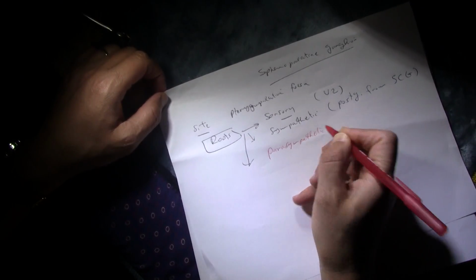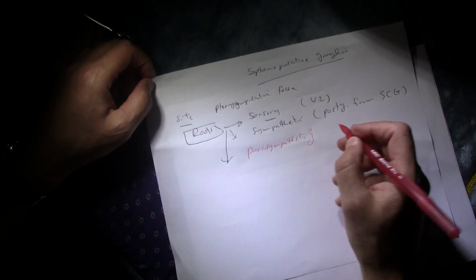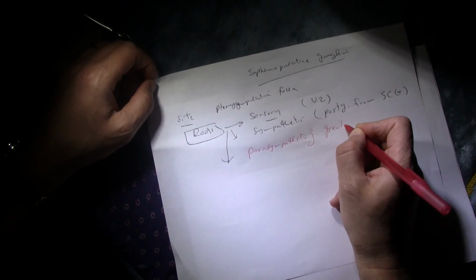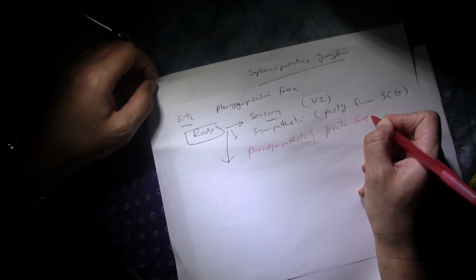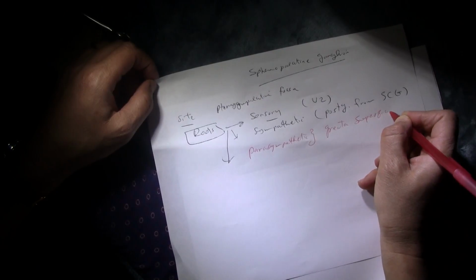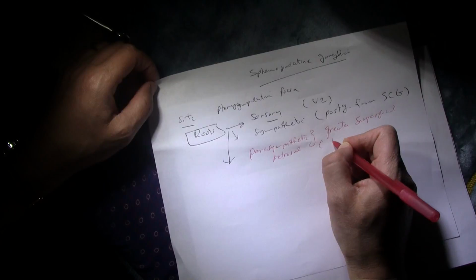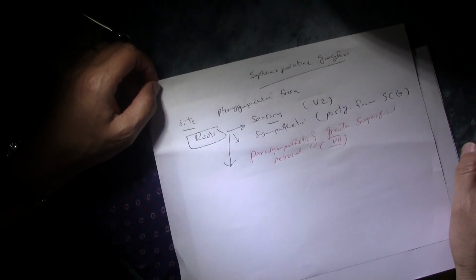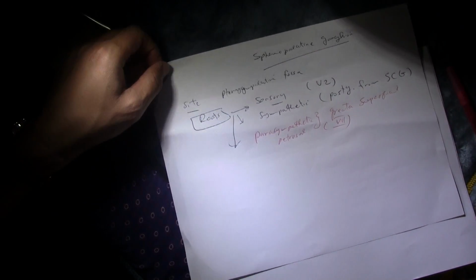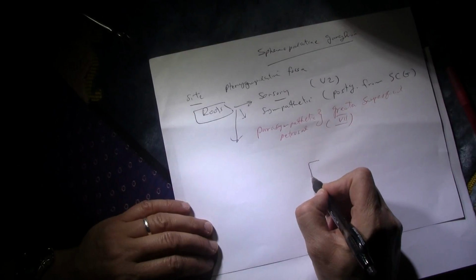and the parasympathetic root is coming from greater superficial petrosal nerve, a branch from cranial nerve number 7, facial nerve. Okay, so here is the sphenopalatine ganglion.